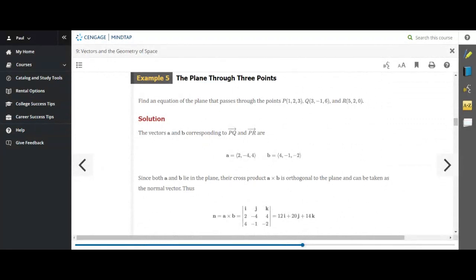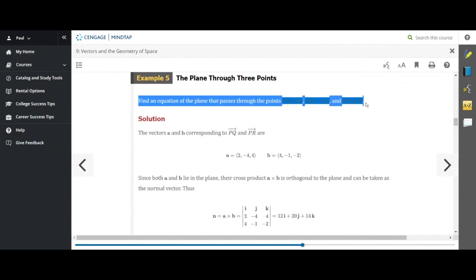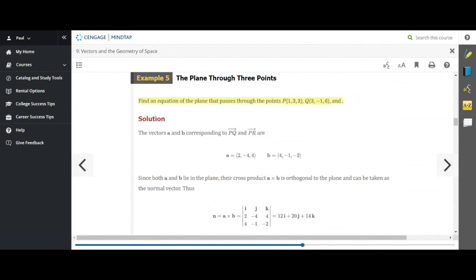Okay, so a plane through 3 points. We want to find an equation of a plane that passes through 3 particular points.